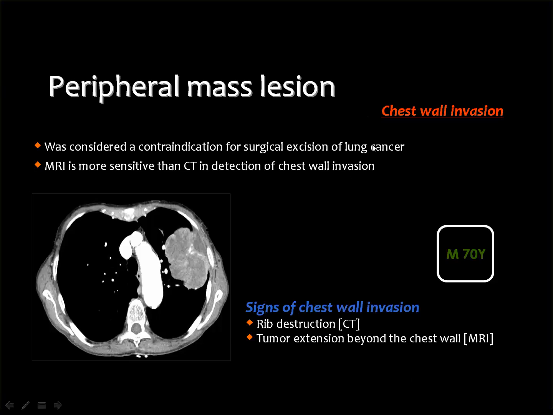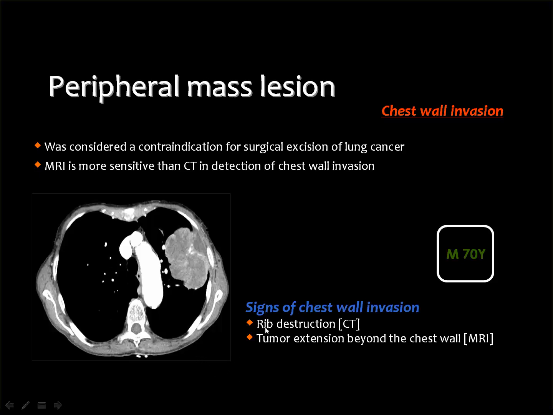Then, in order to assess the relationship of the mass to the chest wall, it is not enough that the mass is in contact with the chest wall to suspect that the chest wall has been invaded. But there are two signs on the CT scan that are pathognomonic for chest wall invasion.